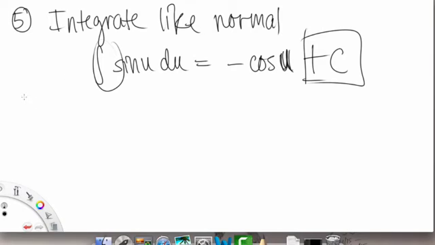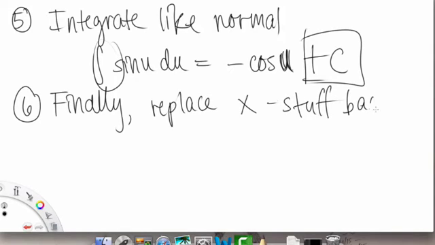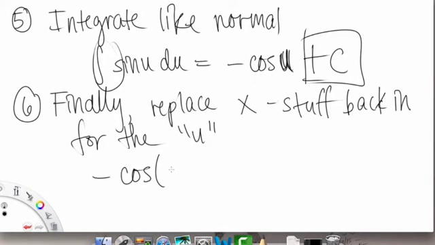And then number 6 is finally to replace our x stuff back in for the u spot. By that, I just mean that we're going to say negative cosine of, and not u anymore, but we're going to replace it with our x to the third, okay? And our plus c, of course. And that's basically it. So this is our answer.